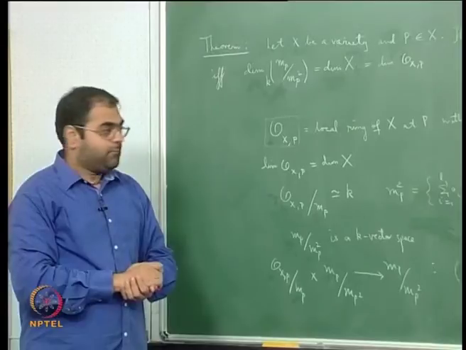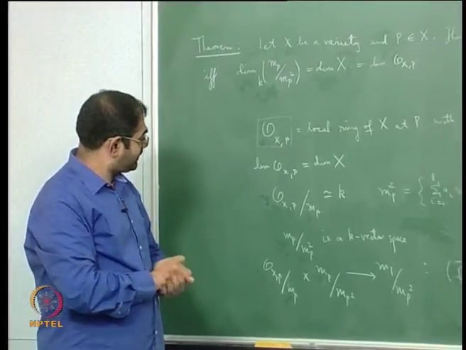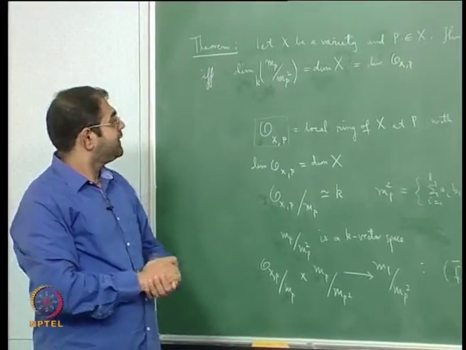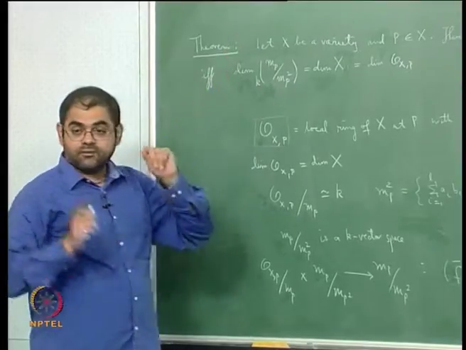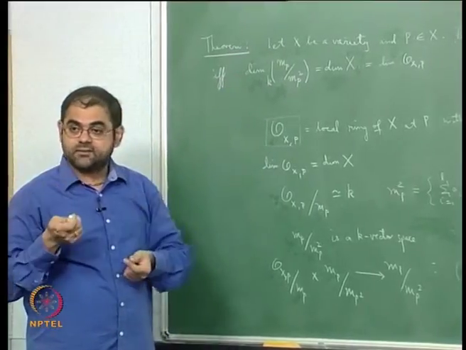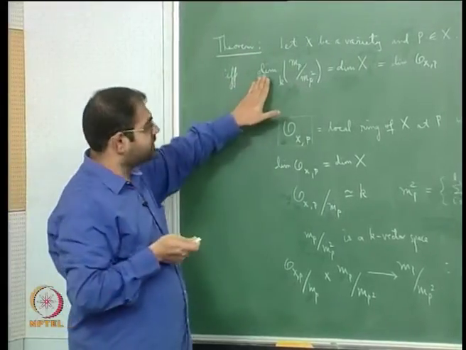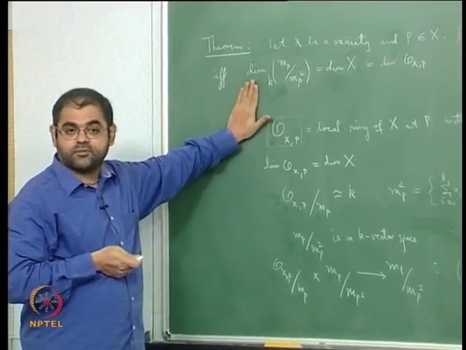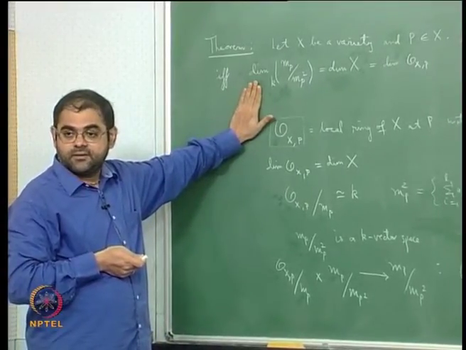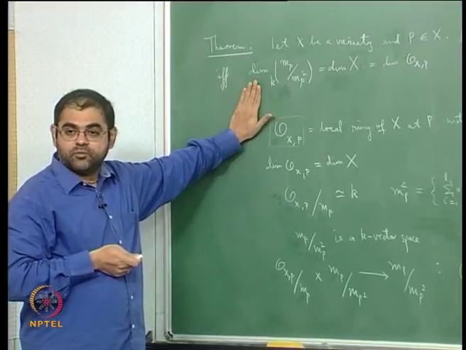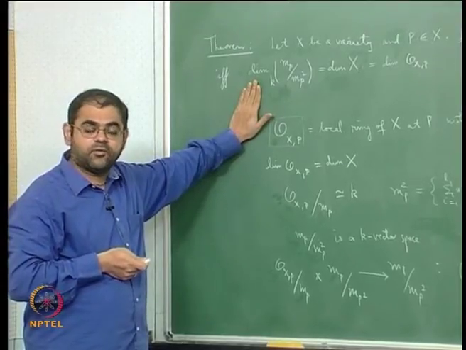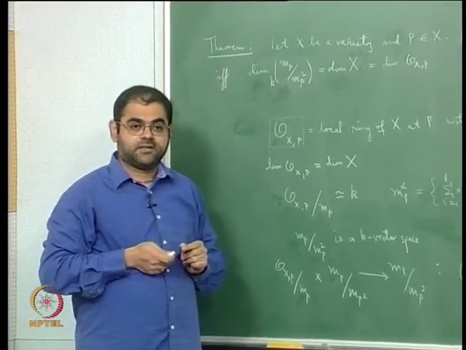Okay, but the nice thing that I want you to notice is that the whole thing that is done using calculus has been captured just using local rings, that is what I want you to appreciate. So when you do usual calculus, how do you define a tangent space at a point?